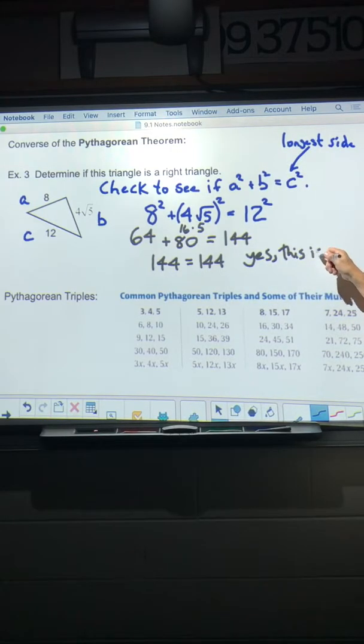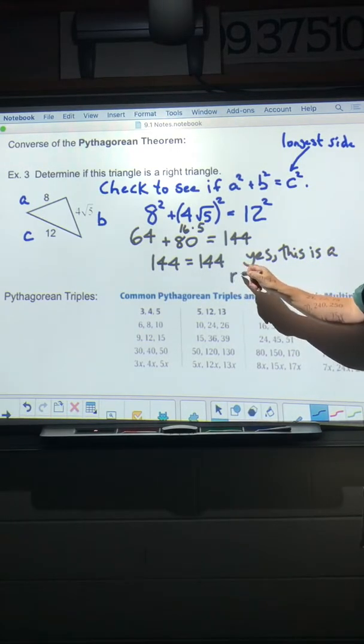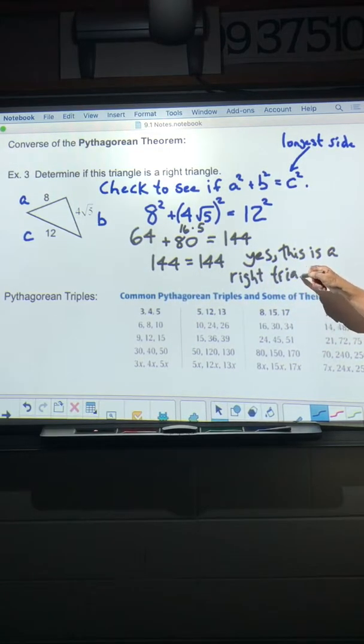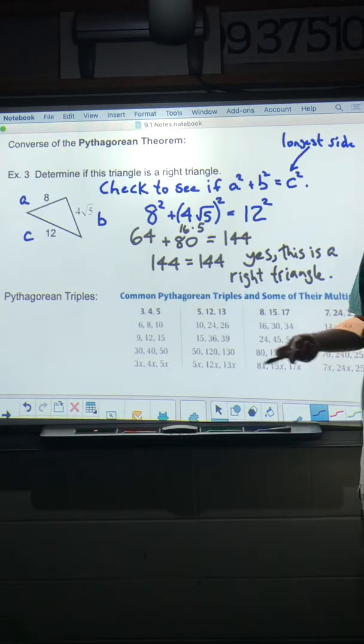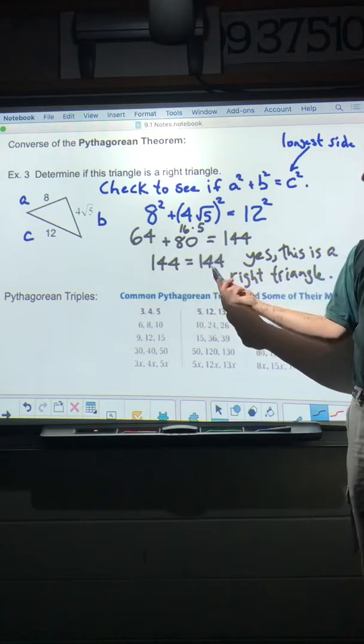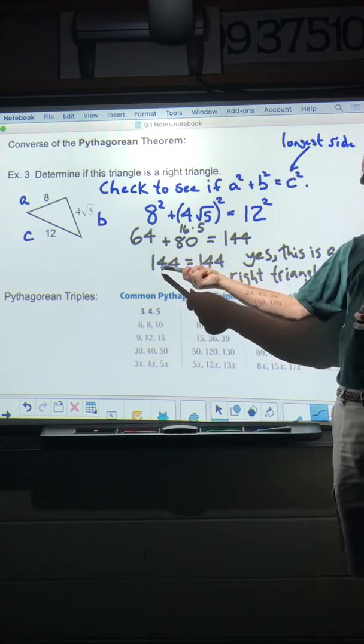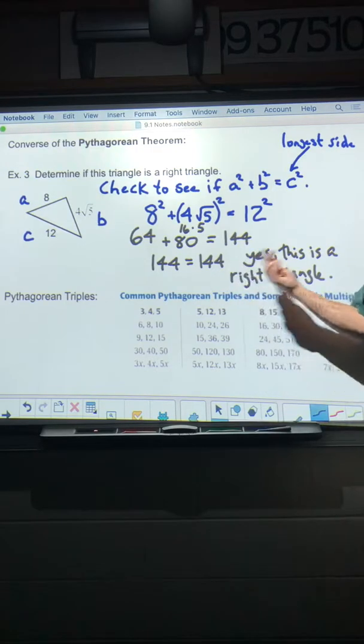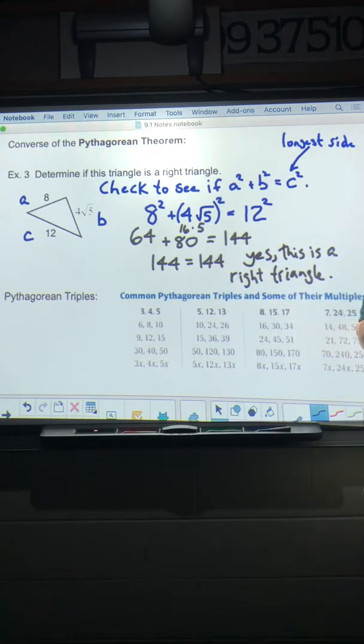This is a right triangle. If these had not been equal, if one side had been 140, something that's not 144, then my answer would be no, it's not. Okay.